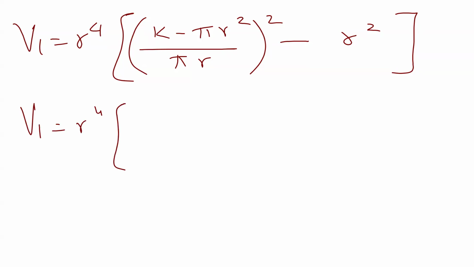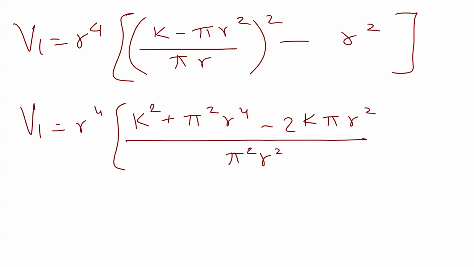R raised to 4 into K square plus pi square R raised to 4 minus 2K pi R square, upon pi square R square, minus R square. So I've taken A minus B the whole square in the numerator, and down it will be pi square R square.